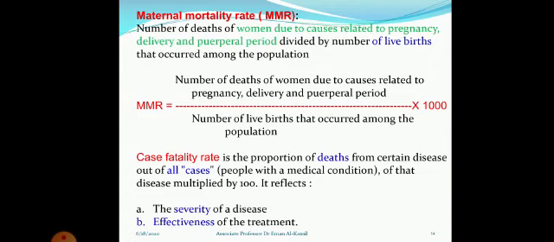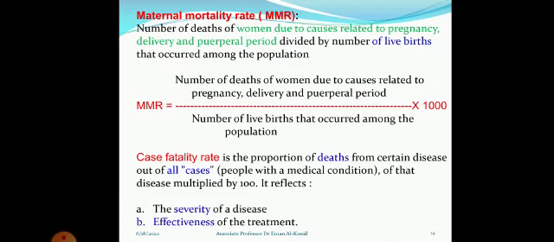Case fatality rate. The case fatality rate can be regarded as a mortality indicator, and some books mention that it is a morbidity indicator. It is the number of deaths due to a specific disease divided by the number of cases of the disease multiplied by 100, so it is represented as a percentage.